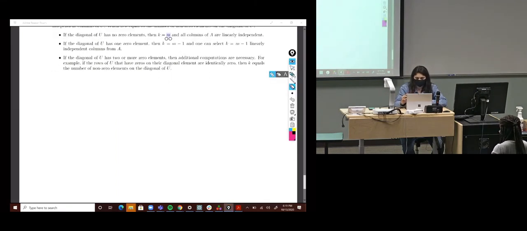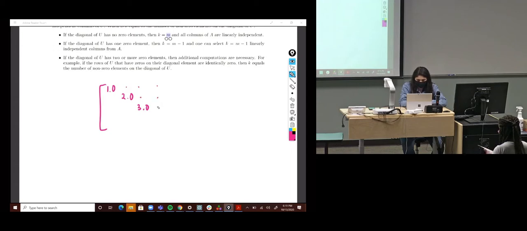You're looking at something like your U being 1.0, 2.0, 3.0, some random numbers, something here, here, here, something here, and then 0.5, and then 0.0, 0.0, 0.0, 0.0, 1.0.